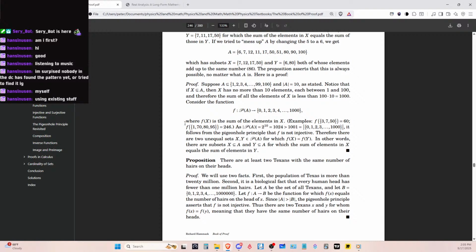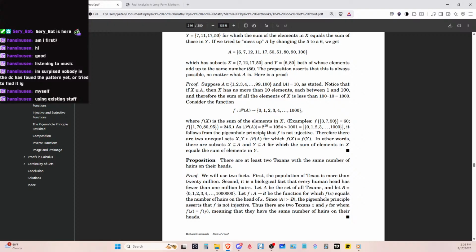So, let f of X be the sum of the elements in X, for example, equals 60. As the cardinality of the power set of A is equal to 2 to the 10th, the cardinality in here is smaller than the cardinality of this.